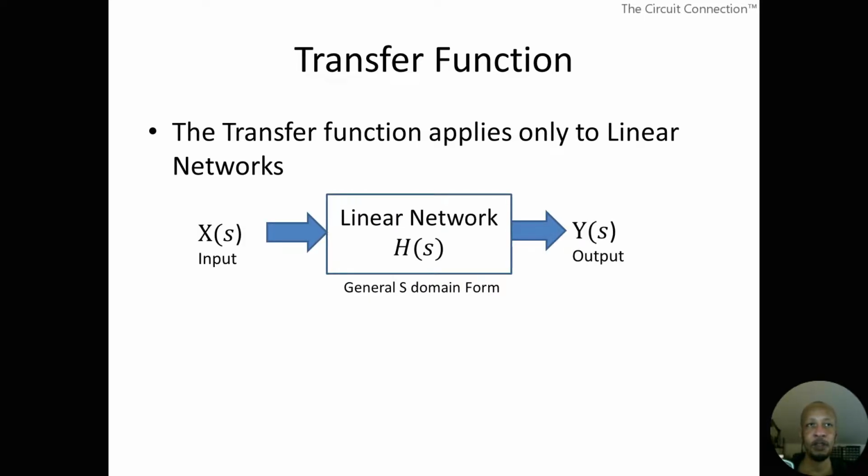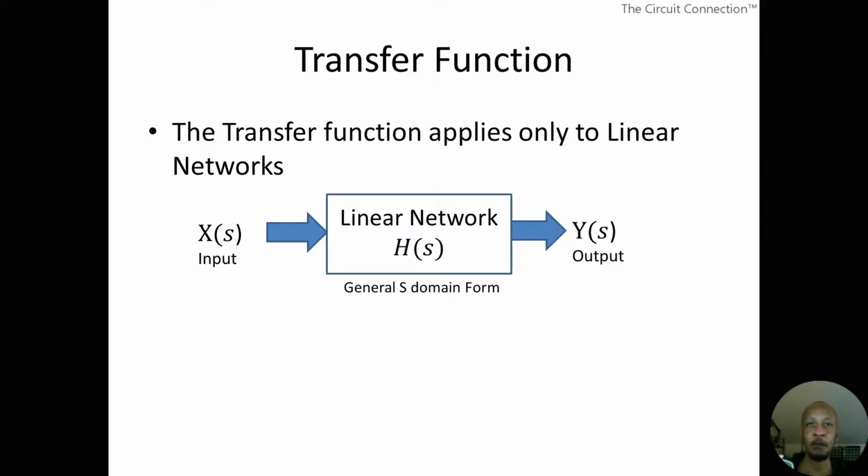Now, this linear network, as you can see here, is another summary. You have X of S input coming in. You have the linear network H of S, which is in a general S domain form. H of S is that linear network. It's the machine inside of that box. Whatever components are in that circuit, whatever makes up that circuit, that's mathematically represented as H of S. Okay, its characteristics mathematically.